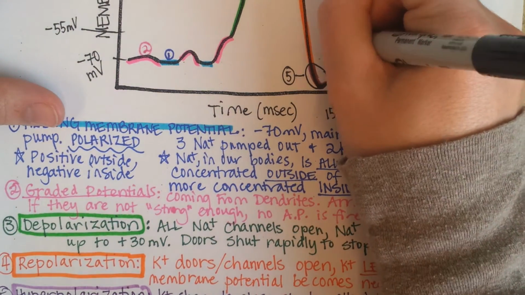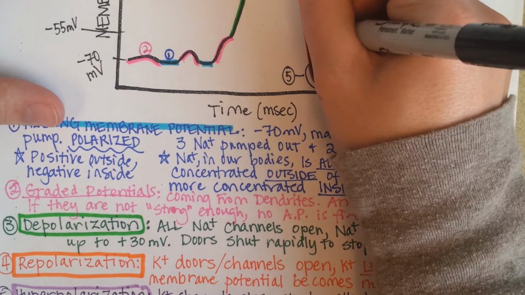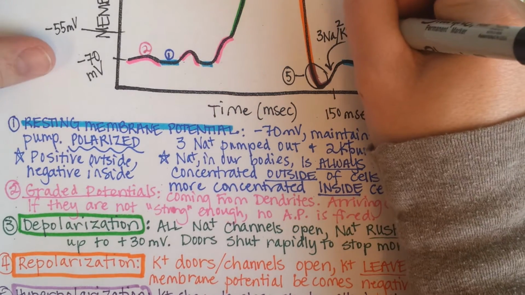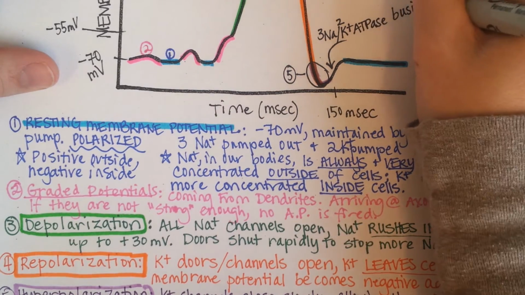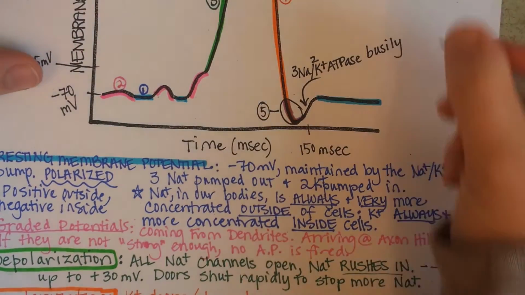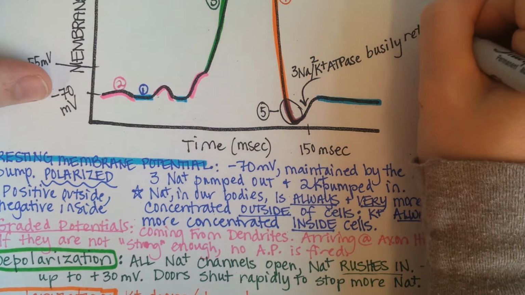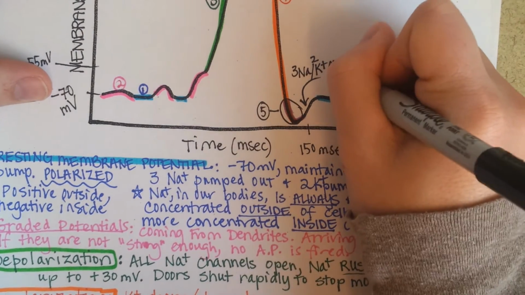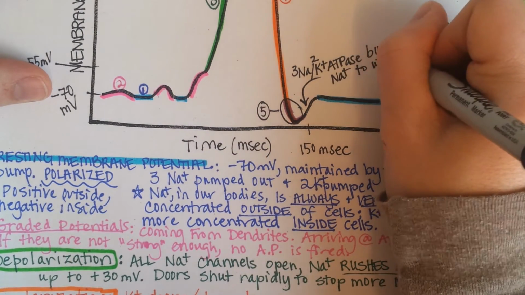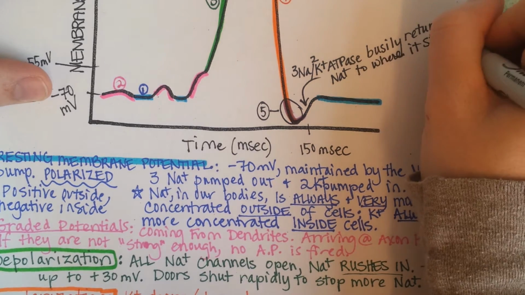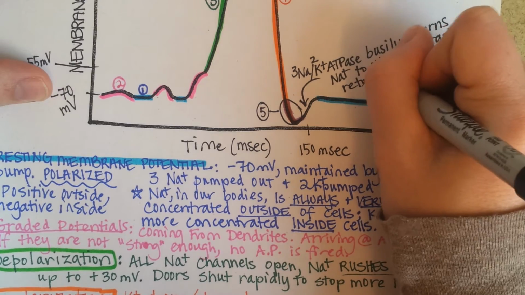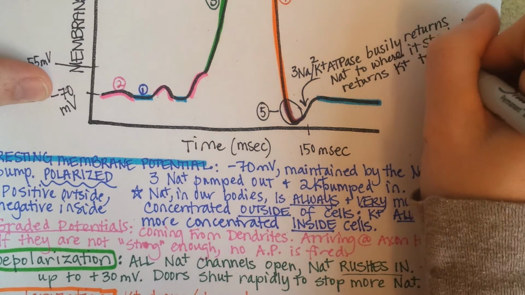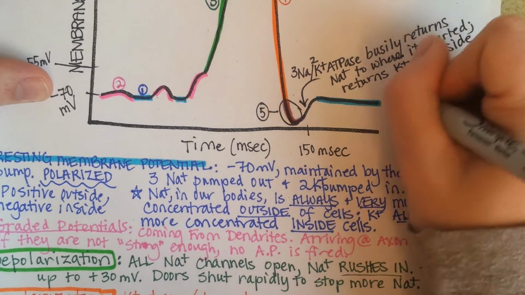The sodium, potassium, remember it's 3 sodium, 2 potassium, ATPase pump, busily returns sodium to where it started, which is outside of the cell, and returns potassium to the inside of the cell.